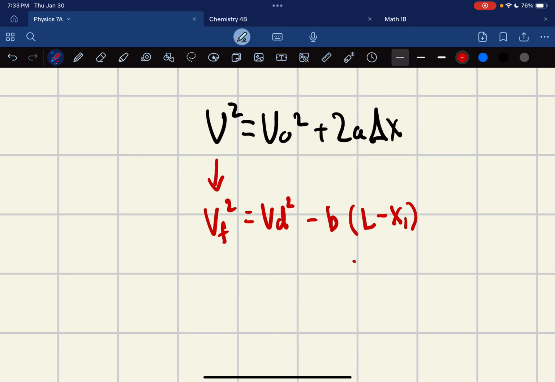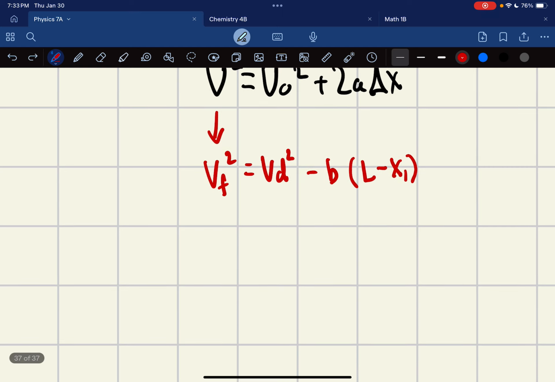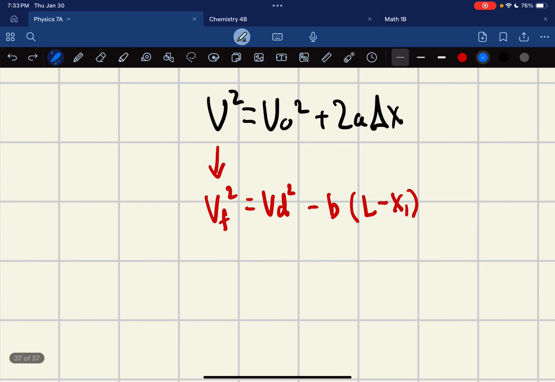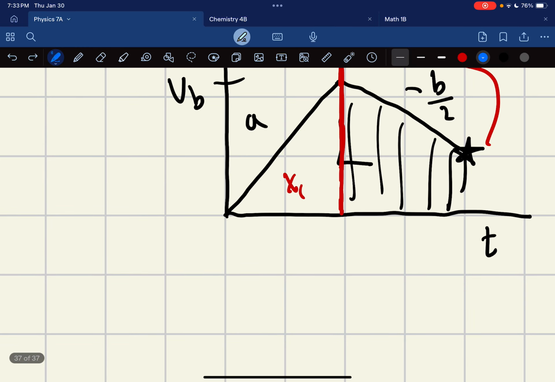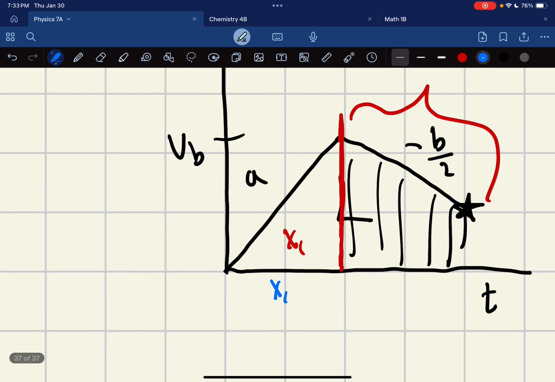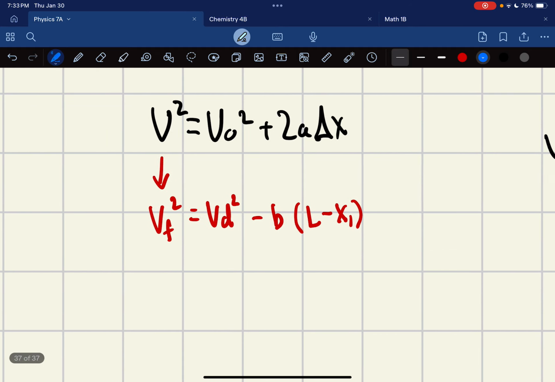Unfortunately, it looks like we're going to have to solve for x1, which is completely fine. Since we're not given any times, we're going to be reusing this equation. So let me make an x1 equation in blue, which represents this part of the graph.